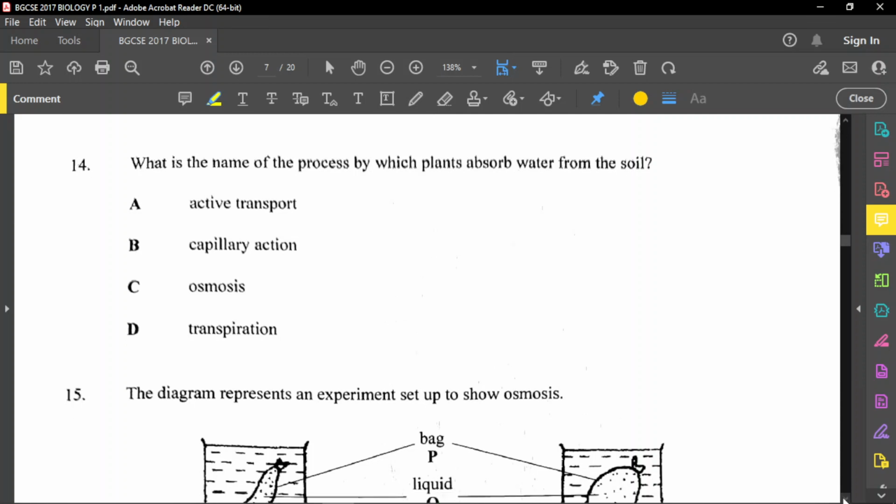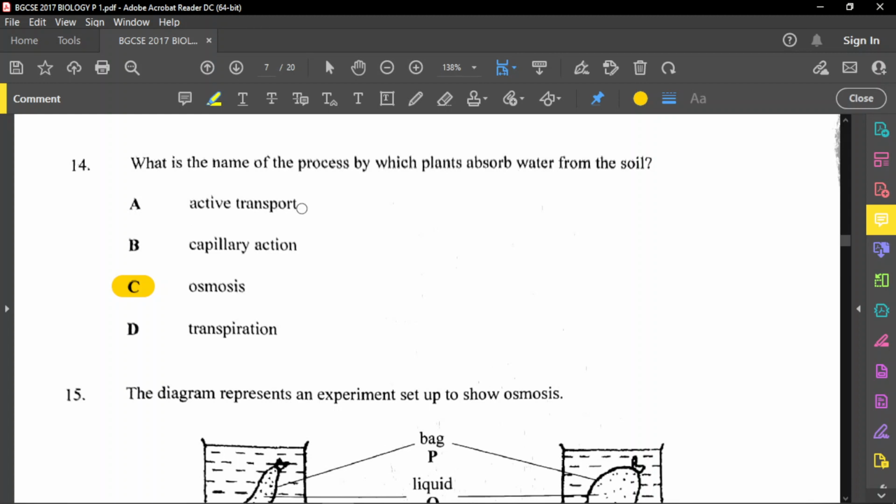Number 14. Here it said, what is the name of the process by which plants absorb water from the soil? Plants absorb water from the soil by osmosis, right? The root hair cells, and remember the last paper we did, we talked about osmosis and how the root takes up water. It takes up water by osmosis from high to low concentration through the semi-permeable membrane.